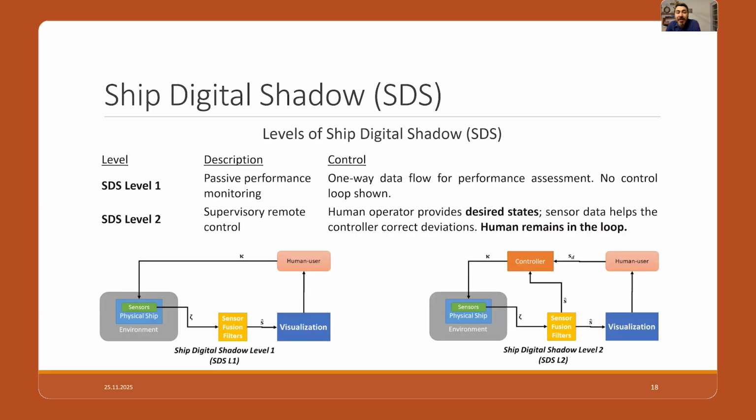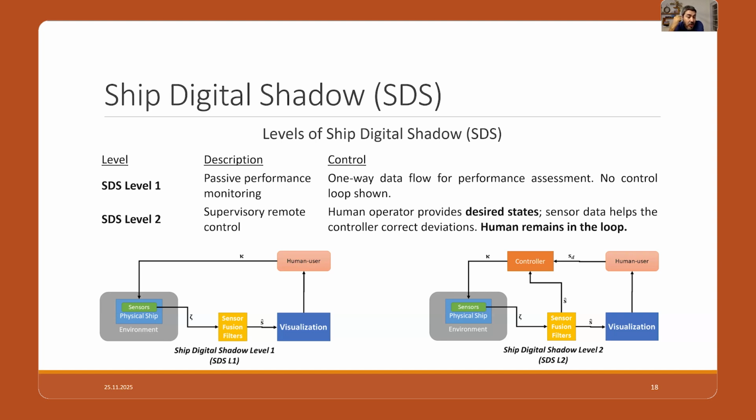Okay, so levels, again, 2 levels here. The first level is only for passive performance monitoring. The second level is supervisory remote control. I'll explain these. In passive performance monitoring, there is only one-way data flow for performance assessment. No control loop is shown.